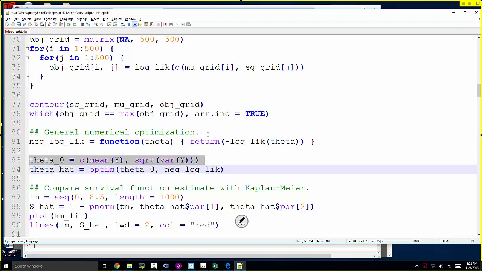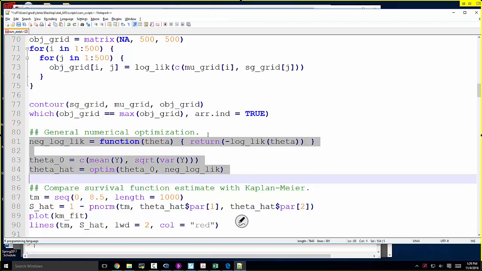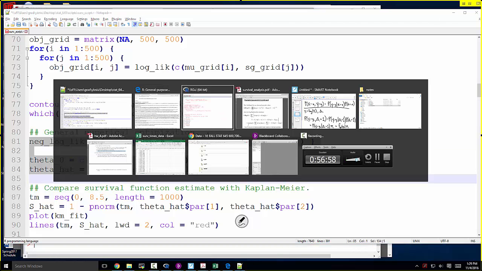Probably a better choice would be compute the mean of the survival times among those who were not censored, and the standard deviation among those who were not censored. I don't think it makes a difference in this particular example. So let's try it. What do we get back?